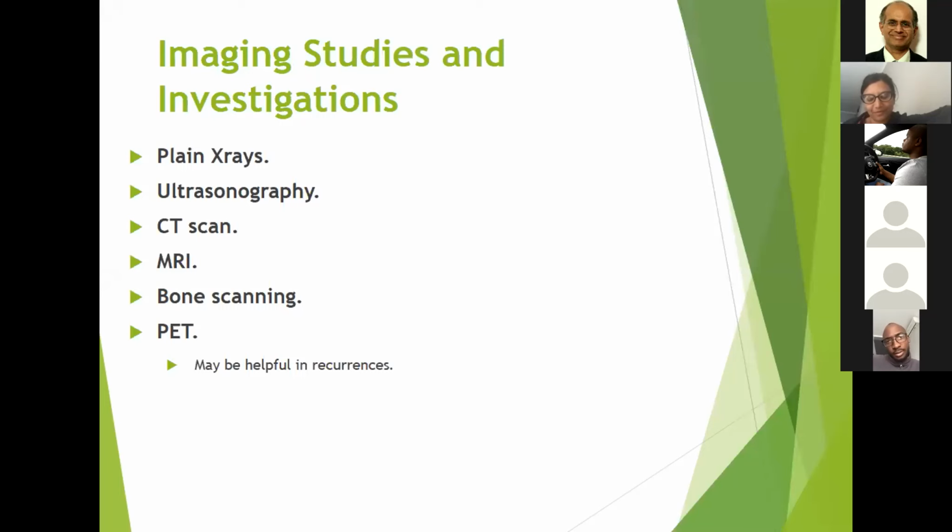You are able to appreciate soft tissue much better than with other investigations. Bone scanning is mostly for looking for bone mets. And you can also do a PET scan, which can be useful in looking for recurring disease.